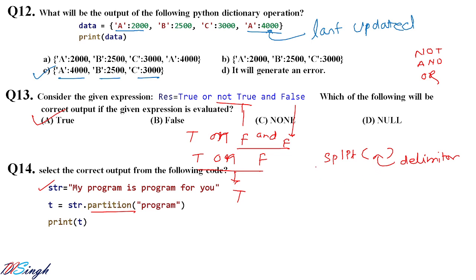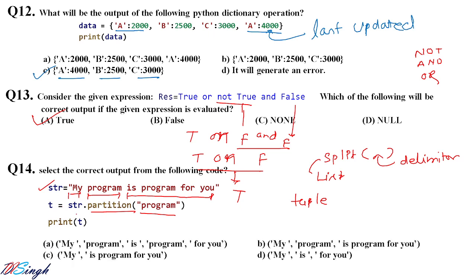The partition function returns a tuple. Wherever it finds the substring you supplied inside the main string, it creates a segment of the string before that, the substring you have given, and the last segment. So you will get a tuple which has these three elements. This is the output in T.